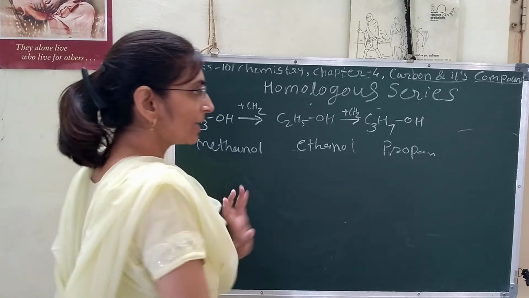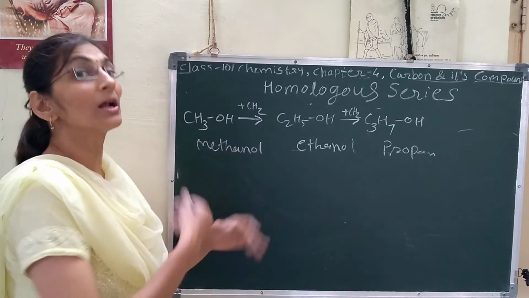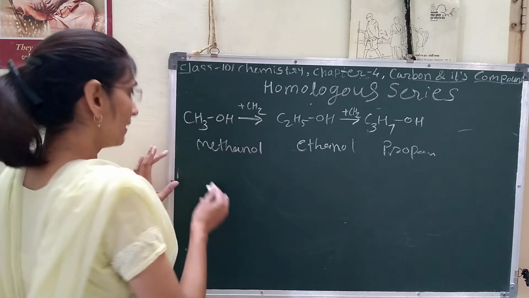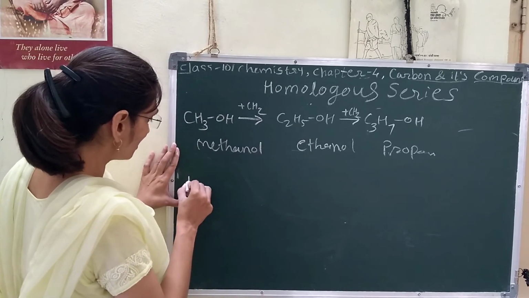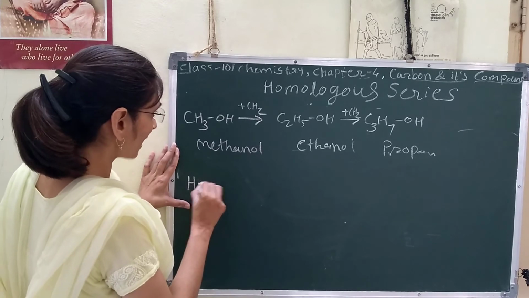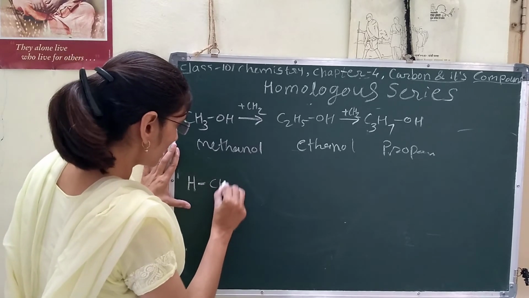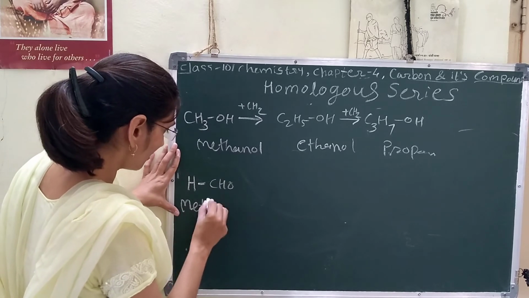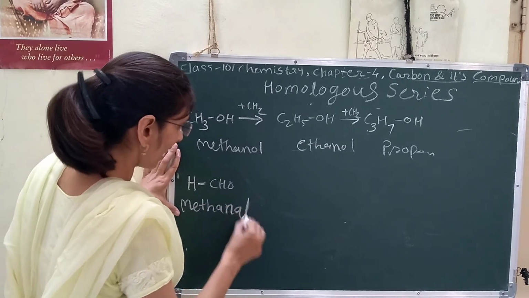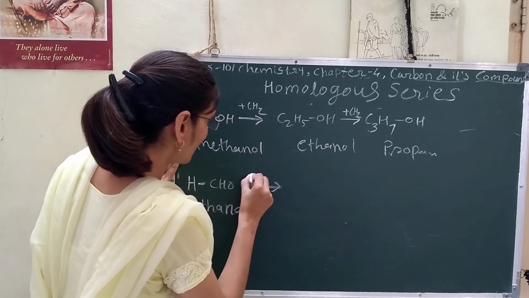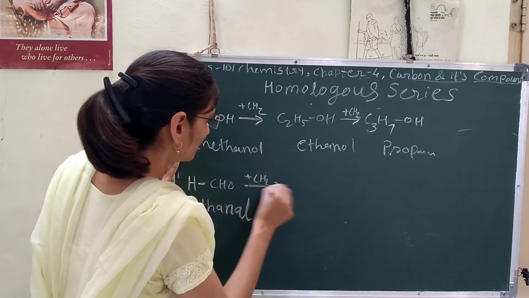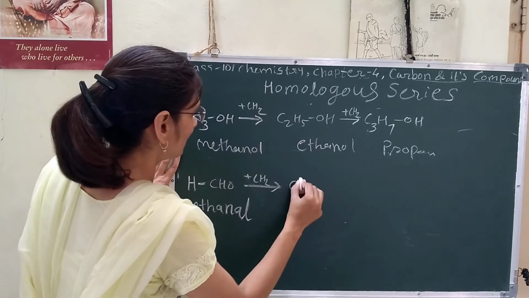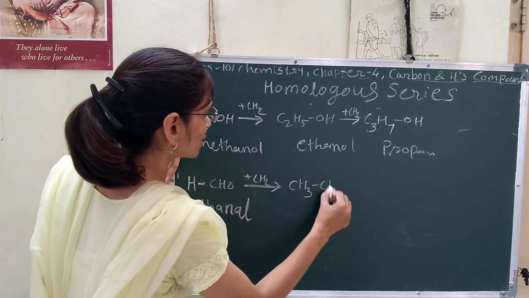Like that you can make the homologous series for aldehyde and ketone. For aldehyde, the first member will be HCHO, that is formaldehyde or methanal. Then I will add CH2. Then what will be the next? CH3CHO.